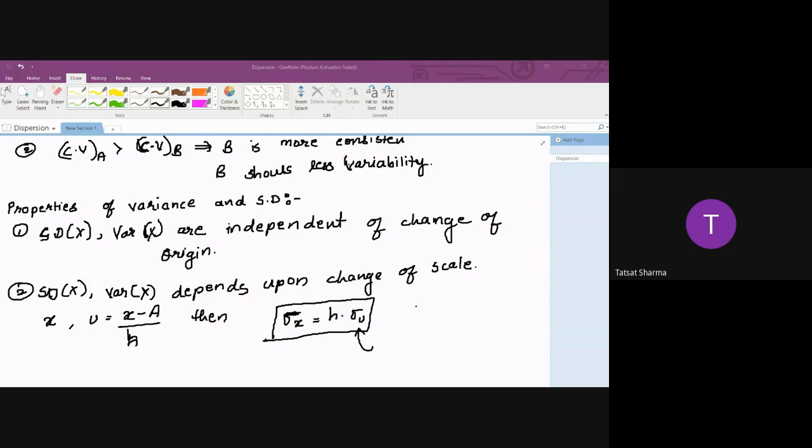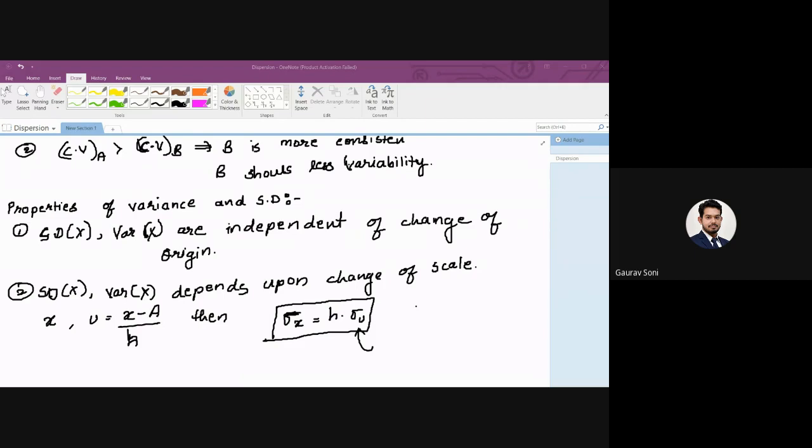So this would be, I guess, a standard deviation with respect to change of scale. You're partially right. Aditya Patel: the new sigma formed after the change of scale. Yes. The original variable is x, and I have changed that variable by x minus a by h, so I have a new variable u now.